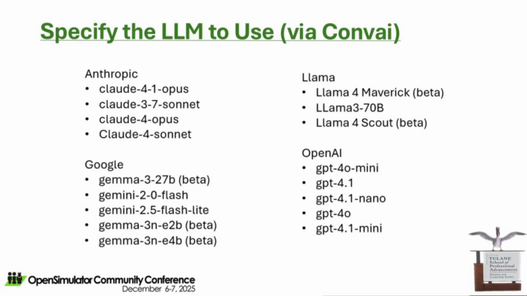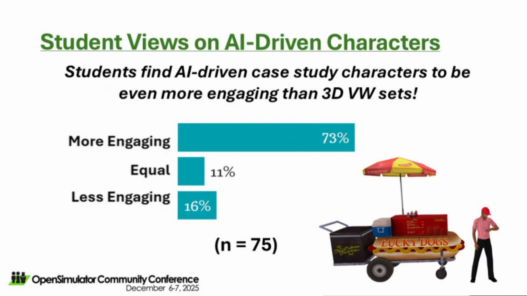They gave us a month's notice, but I didn't find out about the cancellation until a week after my avatars disappeared, but that's okay. What I wanted to share with you is all of the LLM choices that are available through Convai. Convai was the partner with SL that provided the avatars in Second Life.